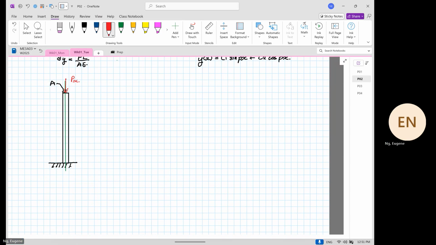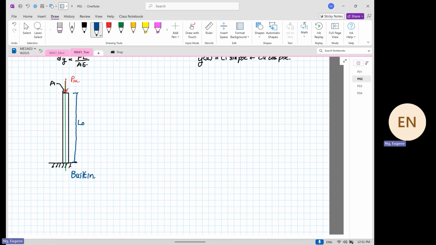And the distance from here to here is L0. I want you all to also get used to seeing what's going on down here. If we draw this, this is known as built-in.